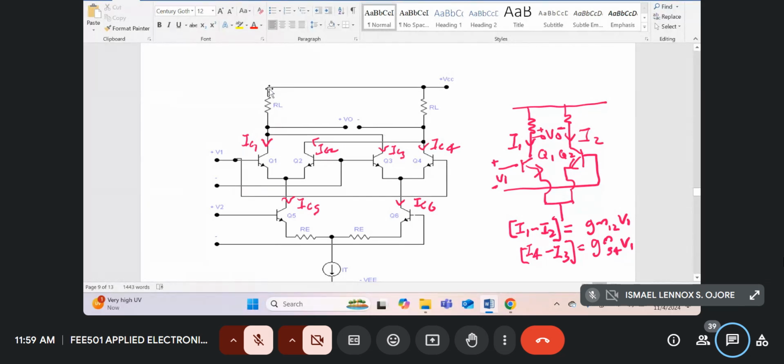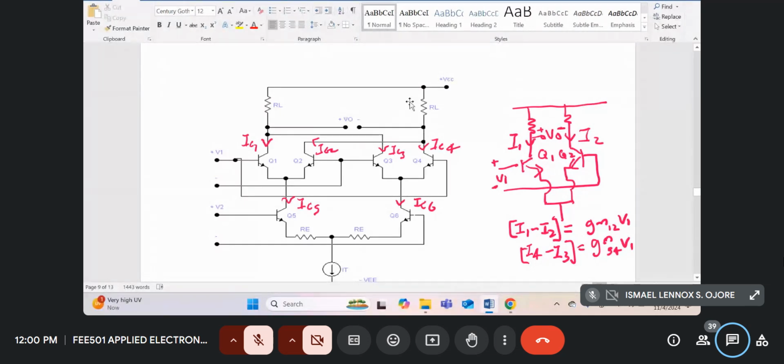Now the drop across RL to the left here, if we start at VCC, it will be VCC minus the current that goes through this collector IC1 plus the current that goes to the collector IC3, because these two currents come from RL to the left.